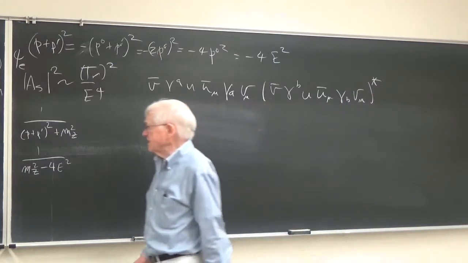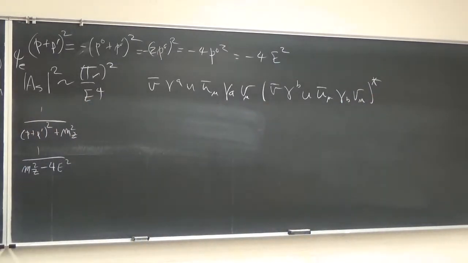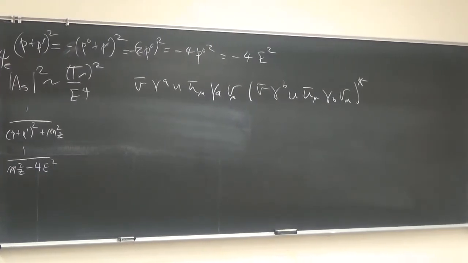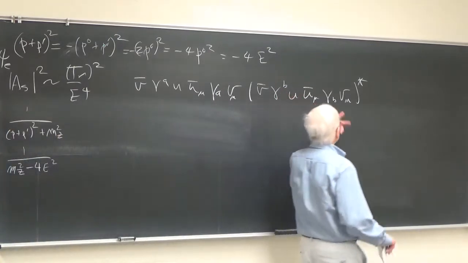In other words, this amplitude is a sum over gamma upper A, gamma lower A, but we multiply it by its complex conjugate, which is another sum over gammas, and of course we have to use a different letter for those gammas.